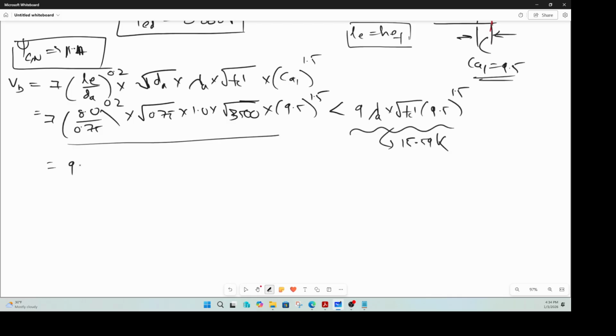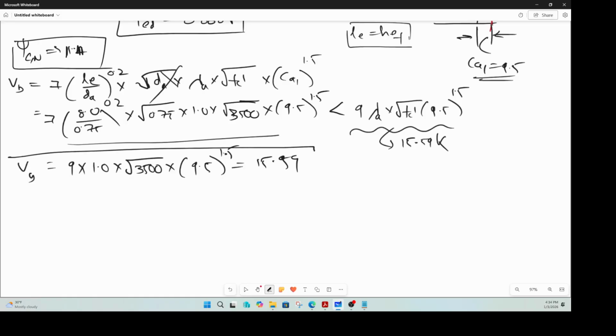Because 9 times lambda A, because we have normal weight concrete, 1.0, square root of FC prime 3500, times CA1, 9.5 to the power 1.5. That will become your VB, which is 15.59. It is not the other value because that is higher. Okay, so this is your basic strength of one anchor in cracked concrete, right?